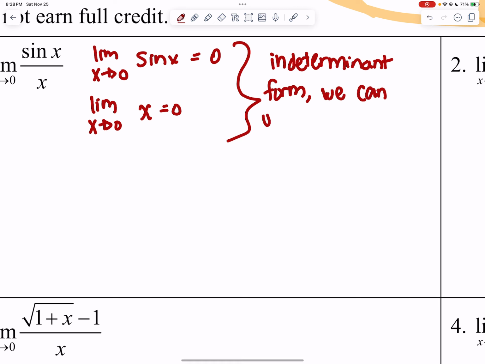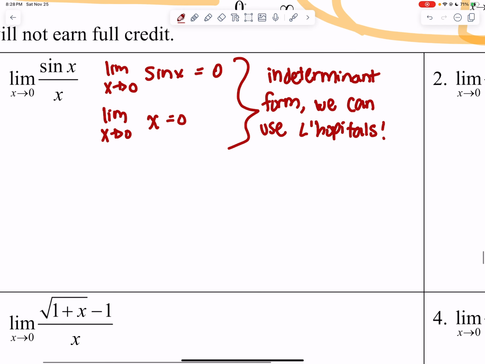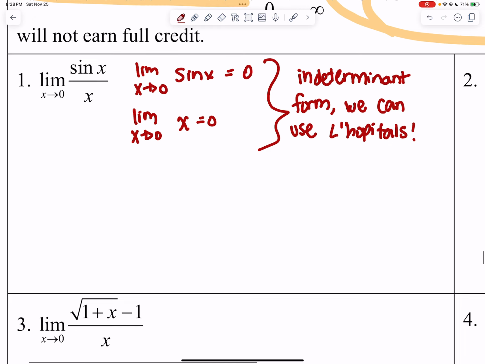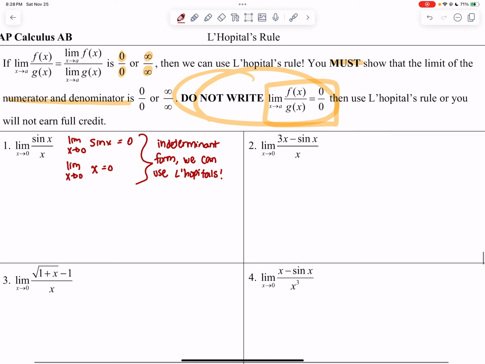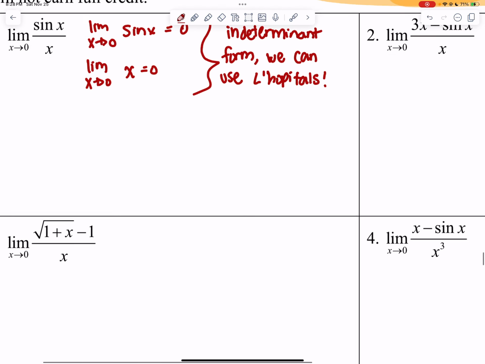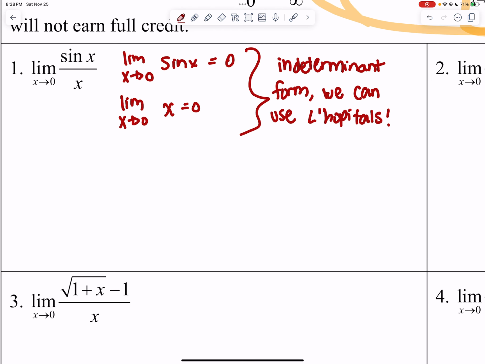We can use L'Hopital's. This is what you should write on the FRQ if by chance you get an FRQ on L'Hopital's. Now, I haven't explicitly told you what L'Hopital's rule is, but essentially, once you get 0 over 0, you're going to take the derivative of the numerator, and you're going to take the derivative of the denominator, and then see if we can evaluate it.